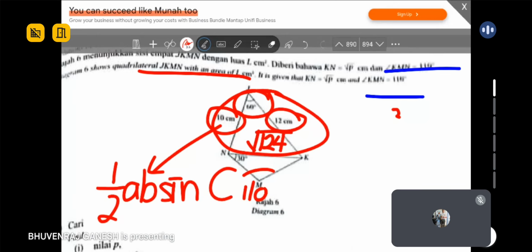So first step, you must use the sine rule for this triangle. Find another length guys. Can you see guys? Opposite angle and side. So, you use the sine rule for this one. Sine rule.